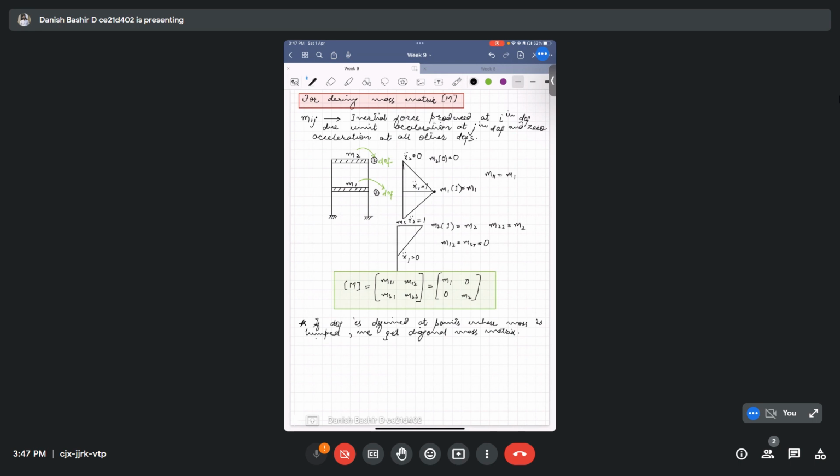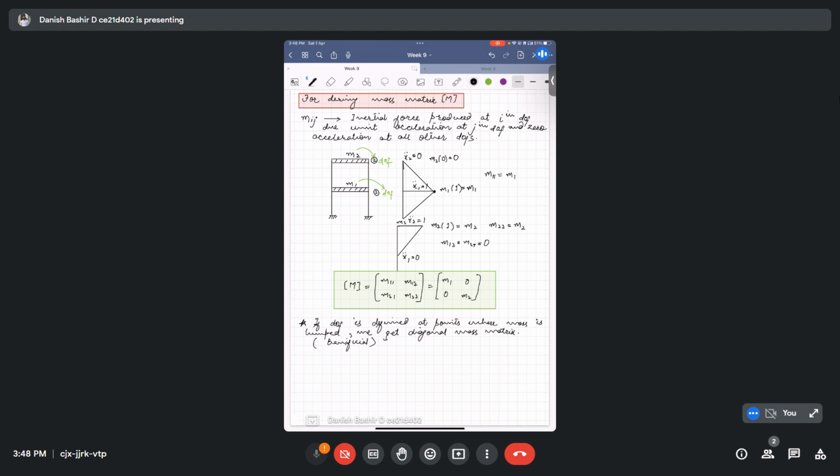It's very beneficial to get a diagonal mass matrix. Okay. So we got these two things. Then we can go further.